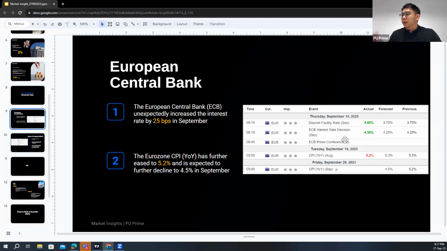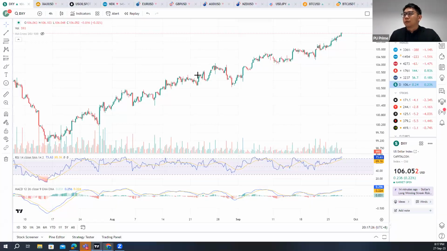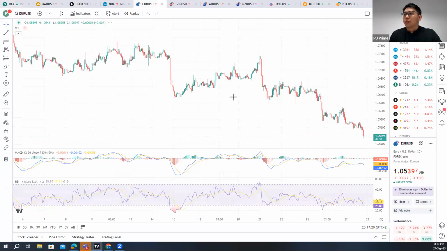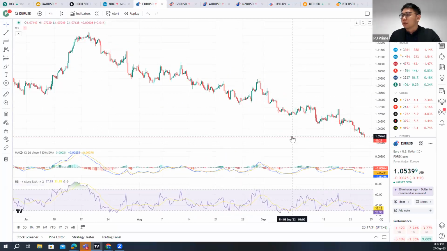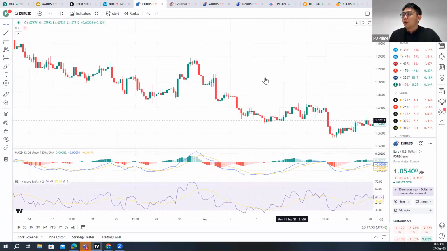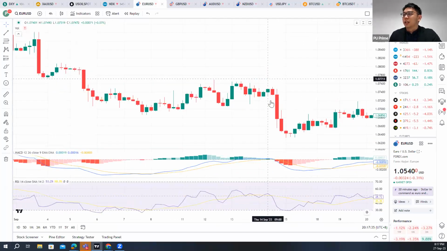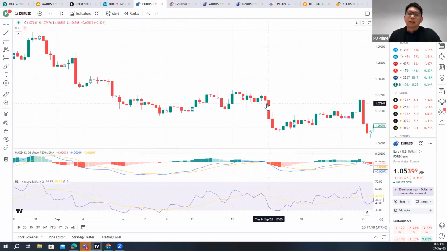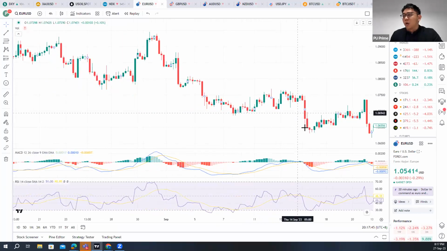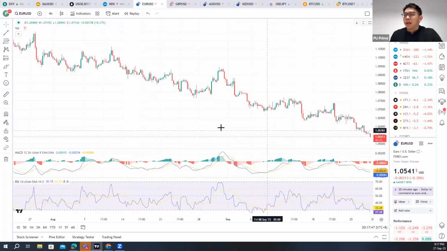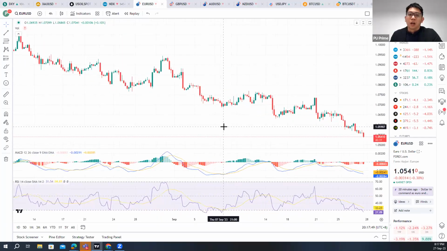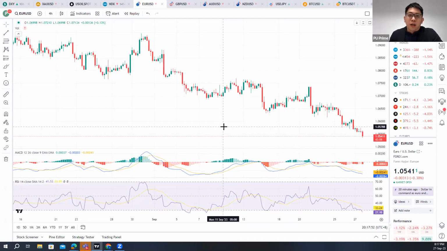So you can see that last week was the 14th of September. When we go back to 14 September, we can see that after the ECB raised the interest rate, it led to a decline in the euro value. Why is this? The main factor, I would say, is because we know that the euro economy is quite wobbly.